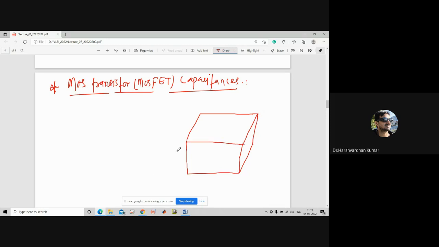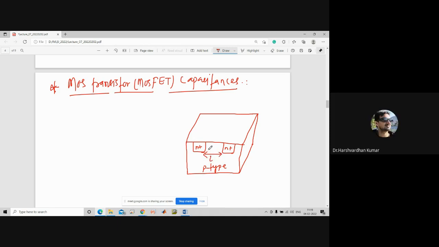Okay, good. So let us see, we are talking about the N type MOSFET. It means that the source and drain will be N plus doping, and here it will be P type. The distance between drain and source is known as the channel length, which is represented by L.